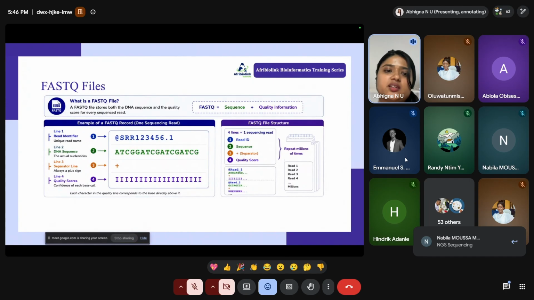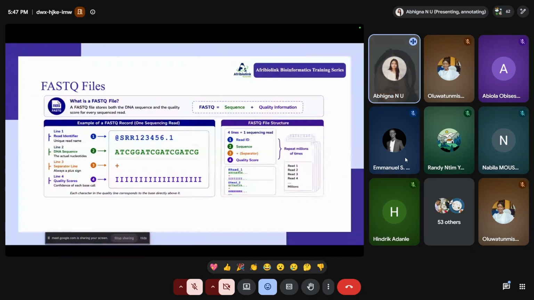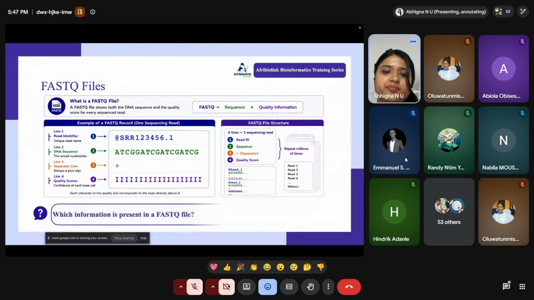Second line is the DNA sequence, and the third line is the separator, always represented by a plus sign, and line 4 is the quality scores. So one single sequence is 4 lines in a FASTQ file, which is repeated millions of times in an NGS sequence.